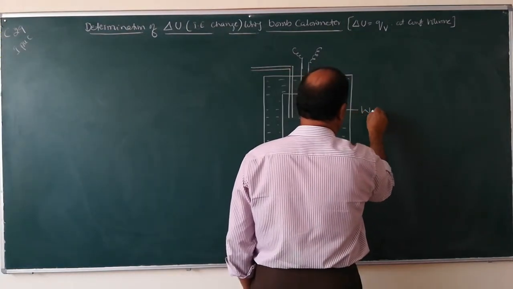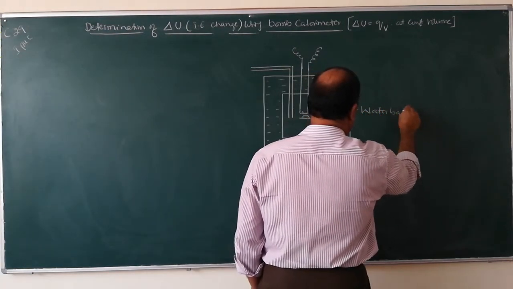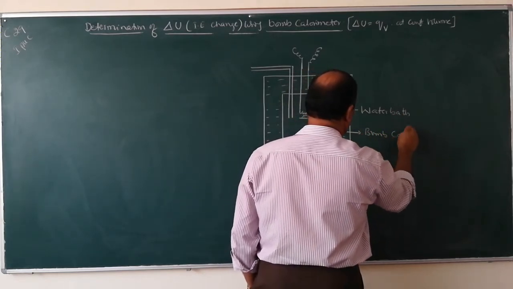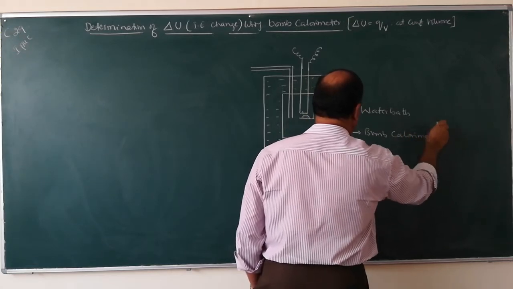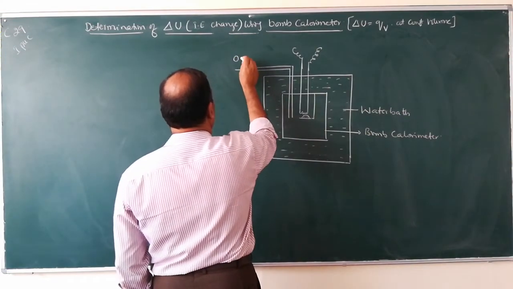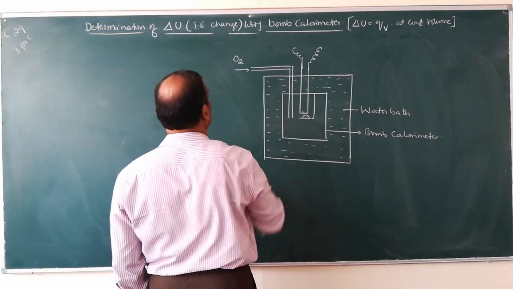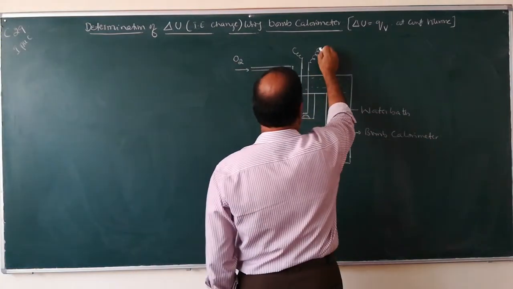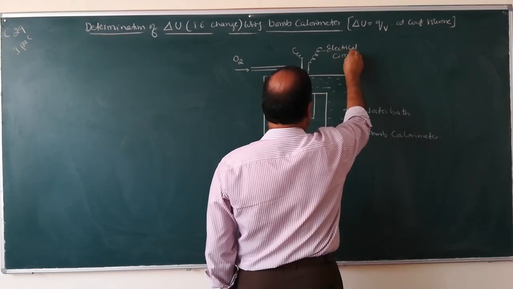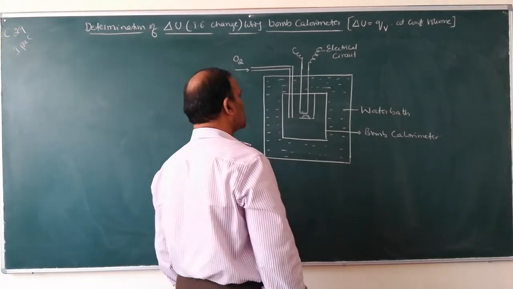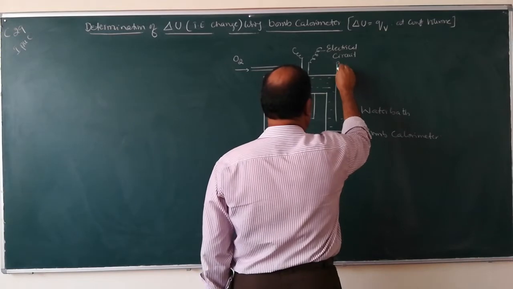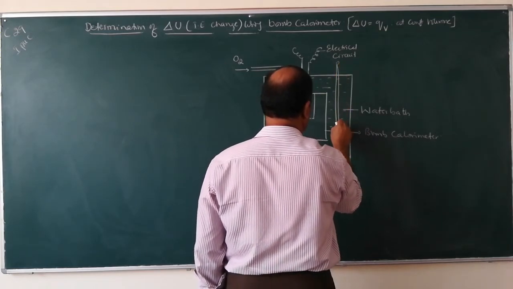This one is the water bath, and this one is the bomb calorimeter. And here we have to pass oxygen. This is the electrical circuit. Here is a thermometer.